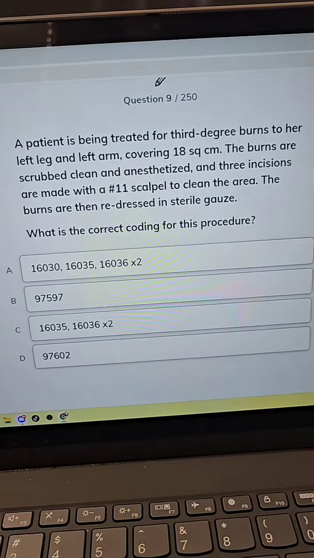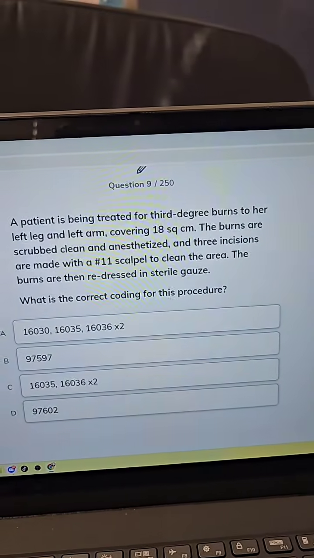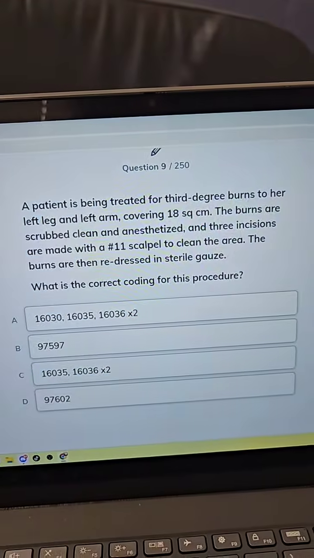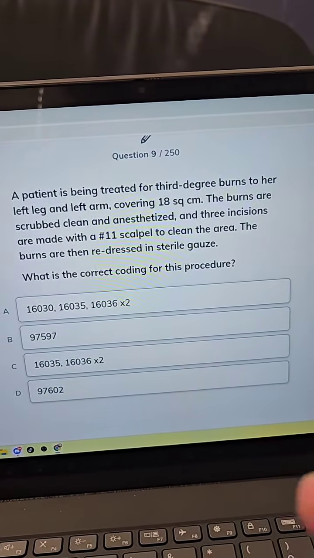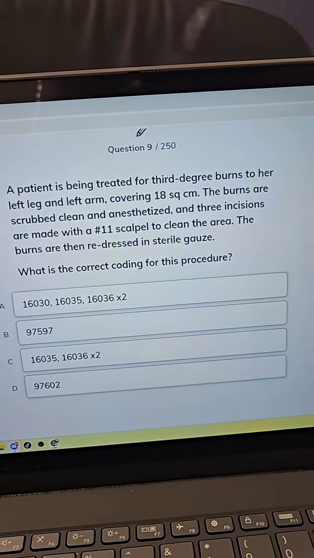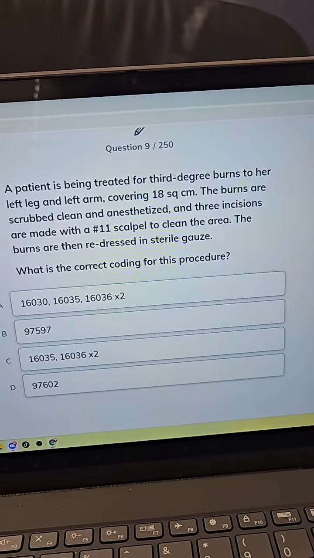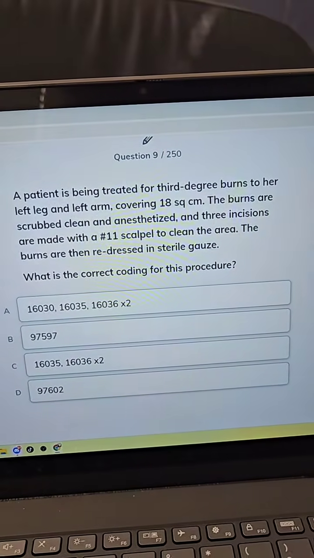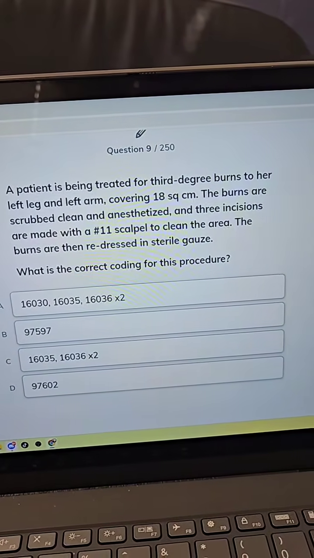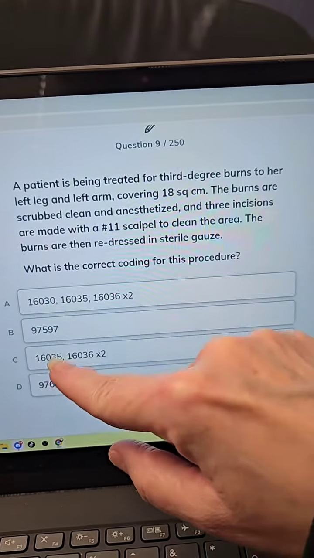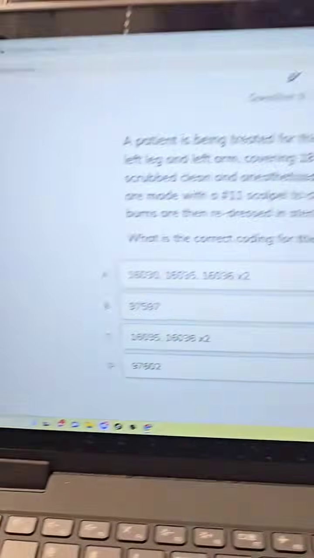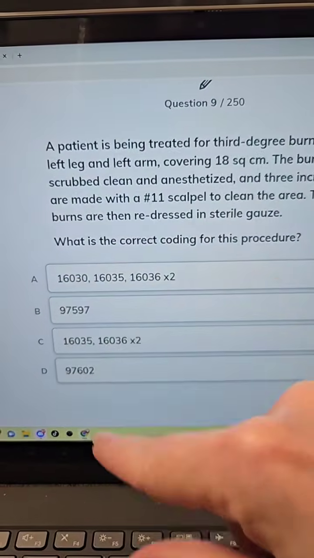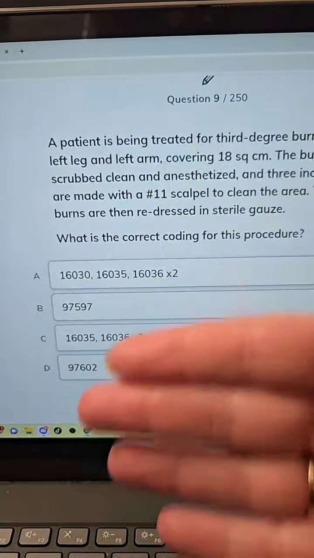Promise, it's 100% easier. You could know absolutely nothing about medical coding, and you go and do the process like I show you how to do it. You can pass without knowing a thing about medical coding. This could be Greek, and you could pass it. When you go to the 30 and the 35 codes in the CPT book, you're going to have a description, and it's going to tell you this one is intra and this one's extra, just for example.